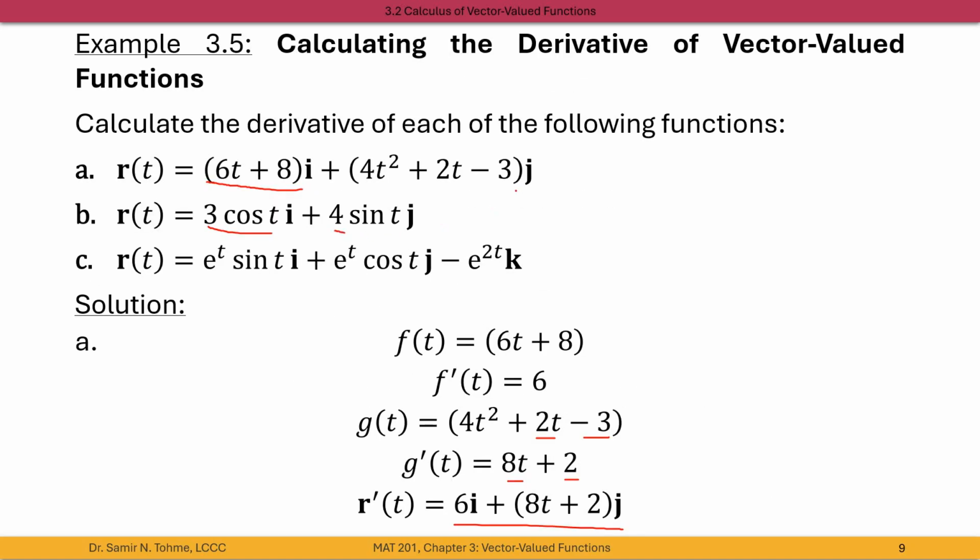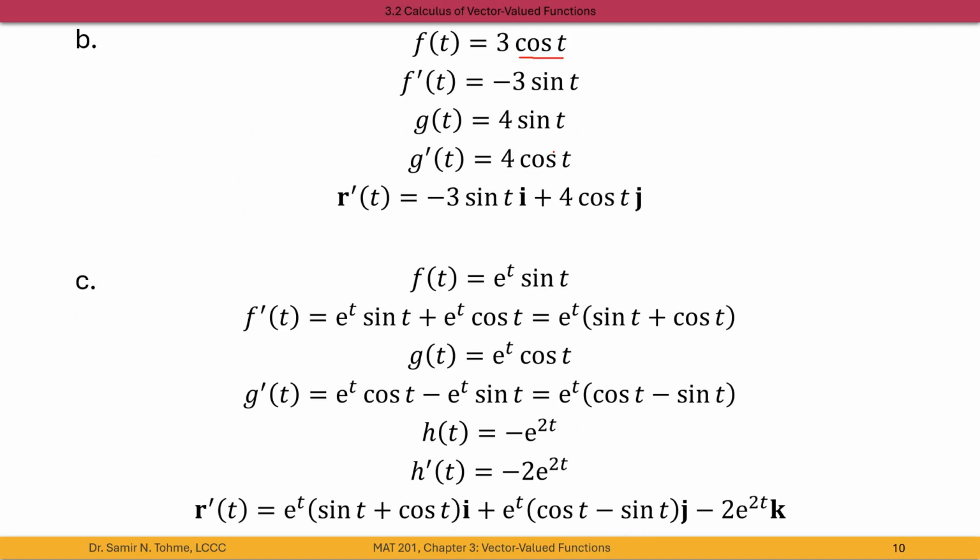For the y component, we have 4 sine t. Let's do the derivative of 4 sine t. The derivative of sine is cosine t. Add them, we have the derivative of the x component, which is minus 3 sine t, and the derivative of the y component of r is 4 cosine t j.